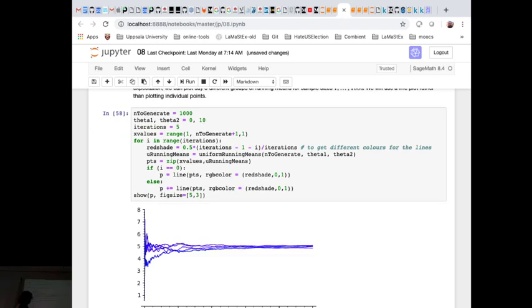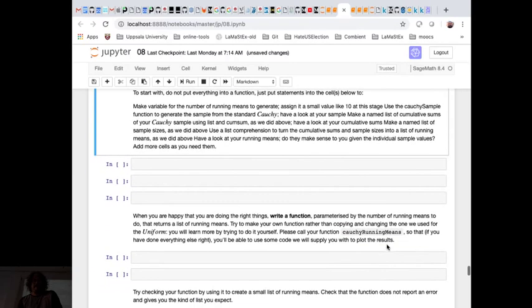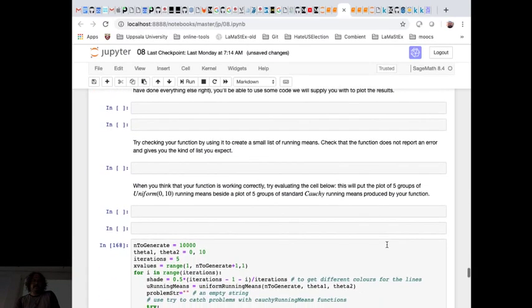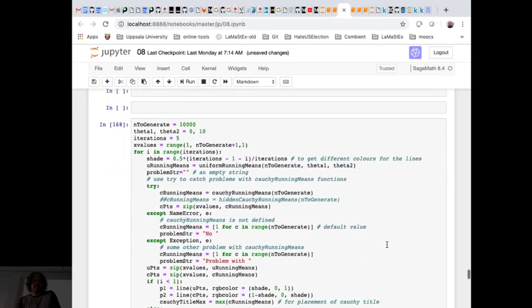So I have one uniform 0, 10 running mean, another one, so I have five such iterations. What we're really interested in is, if I take a slice here, what is the distribution of this as the number of iterations goes to infinity, for fixed n. And then also n goes to infinity.